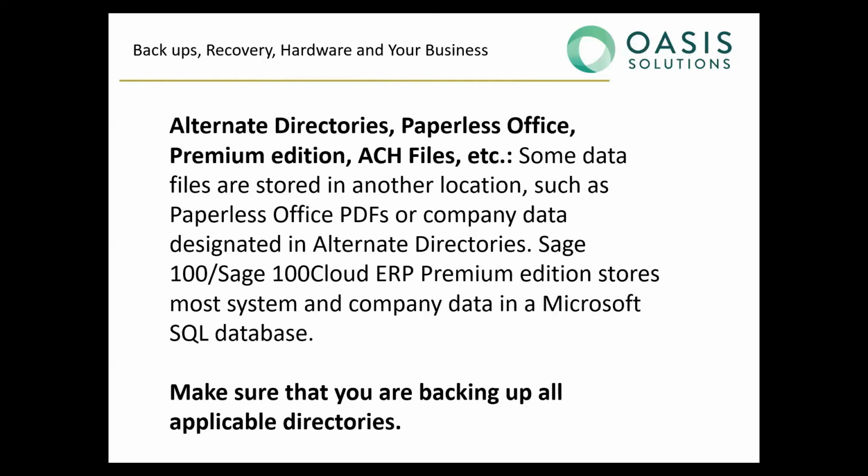Another area is within Paperless Office. When you go in and you're setting up Paperless Office, in each area of, let's say, your Journal and Register Maintenance, you're listing the directory where you want those PDFs stored. So it could be different on a company by company basis.